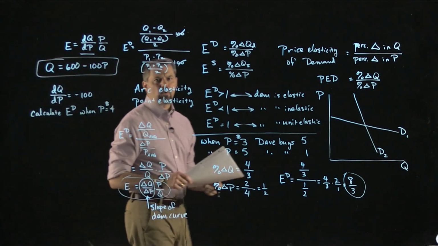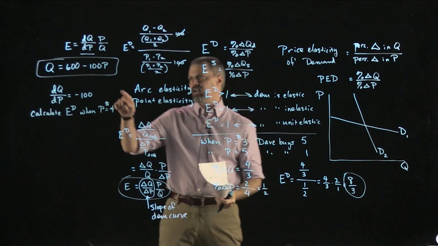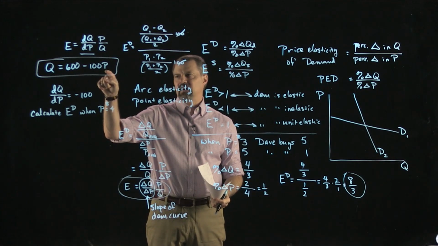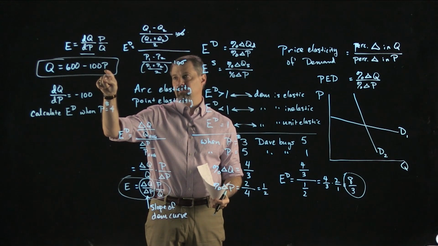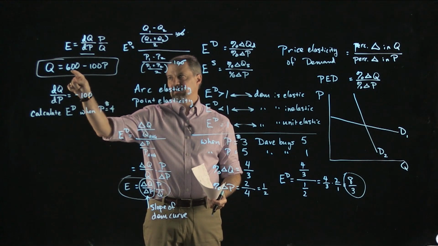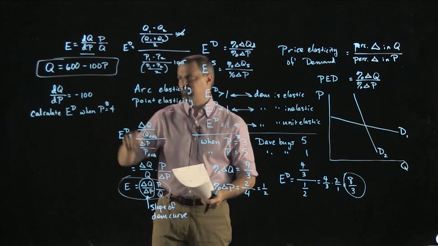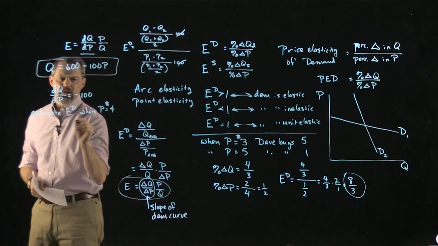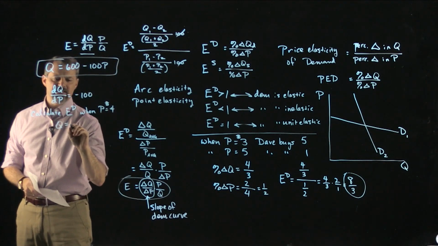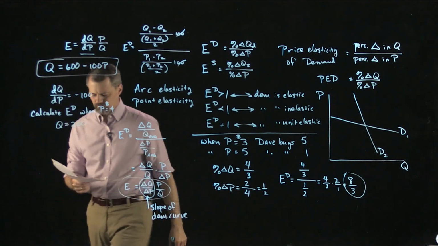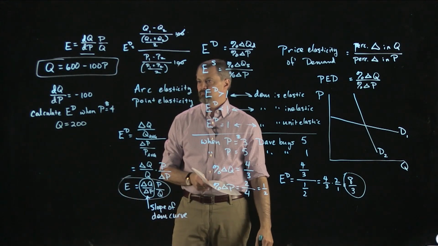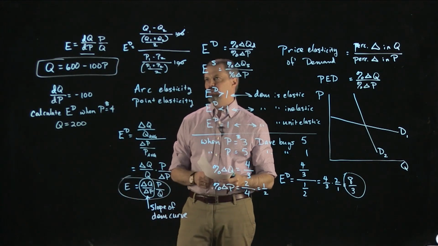Well, we need to know what the quantity is when price equals $4. So all we need to do is plug in 4 for our P. So we get 600 minus 400. We know that when price is equal to 4, quantity is equal to 200. And now we've got the three things that we need.